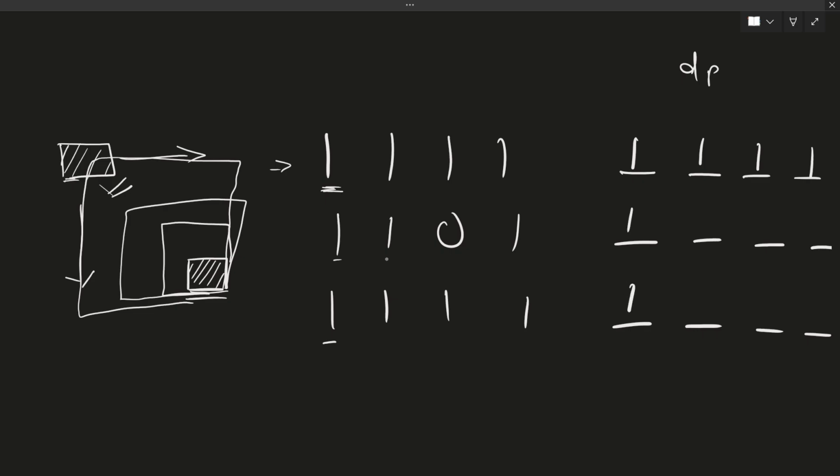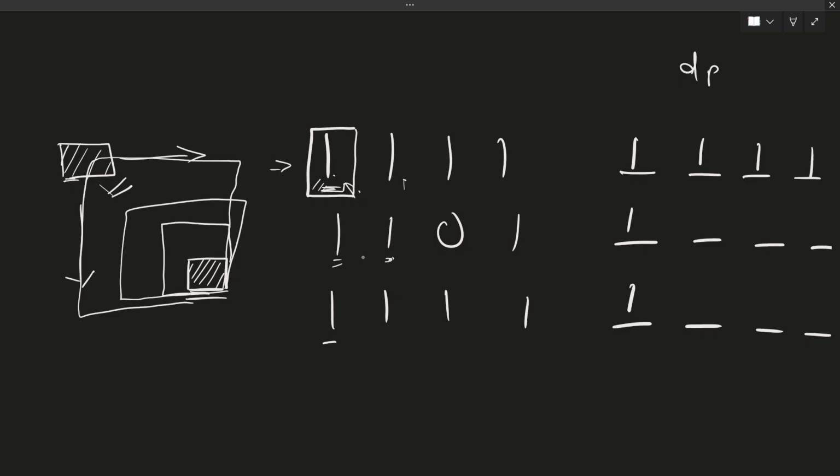For the remaining cells, let's try to calculate the value. Let's say for this cell, here it is 1, and in the upward direction it is 1, in the left direction it is still 1, and in the diagonal direction also it is 1. This diagonal means that we are able to create a square such that this is the bottom right corner of that square.